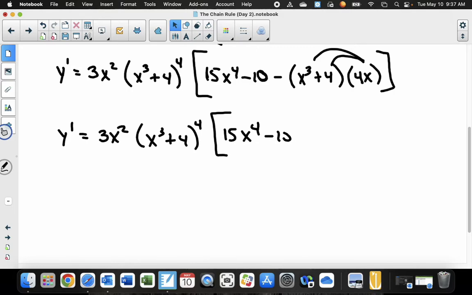When we distribute, we'll get 4x to the 4th, but then again we distribute the negative, so it becomes negative 4x to the 4th. Distribute times 4, we get 16x, but again, distribute the negative, so it's negative 16x.